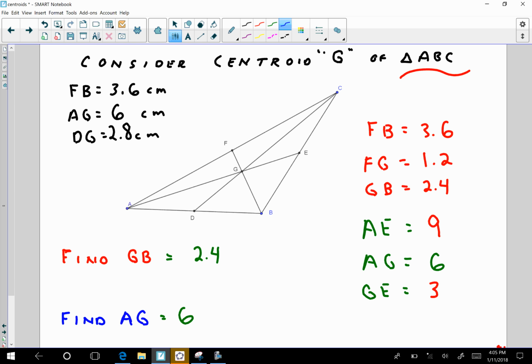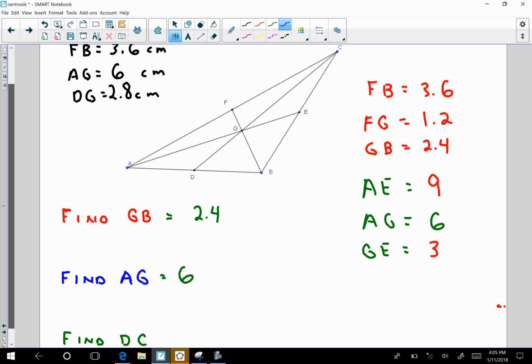Following my advice from before, DG is 2.8, which is 1/3 of DC.